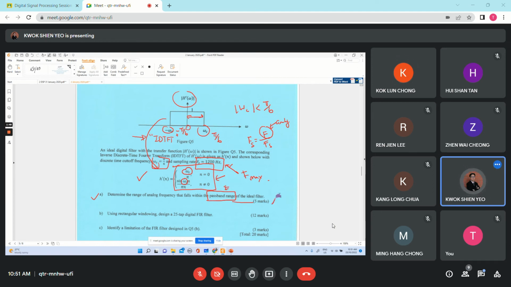Only 5 marks. Can you see how to figure this out? These are the things you need to consider: the Fs and the omega c. Then you should be able to figure out the frequency range.